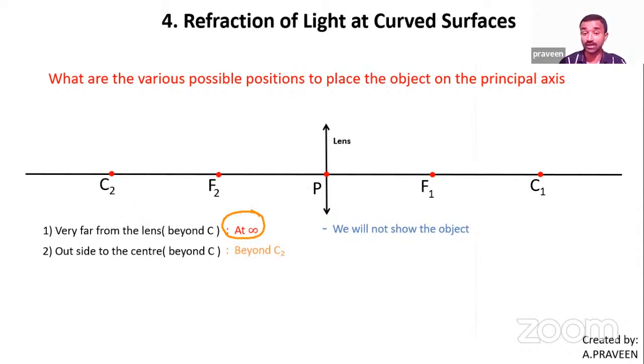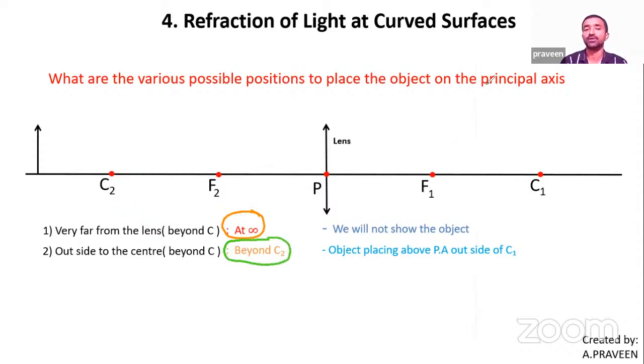In this case, we represent the object with an upward arrow. Look at the arrow drawn above the principal axis outside the center of curvature C2. Then it is called beyond C2. The object is placed beyond C2. This is the second position.